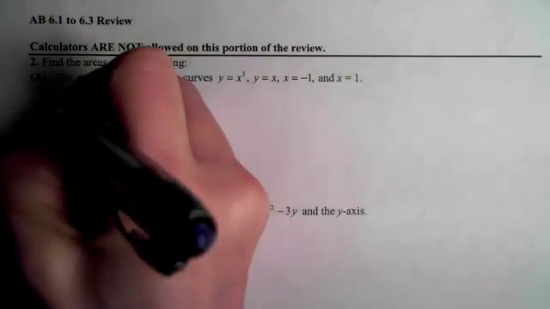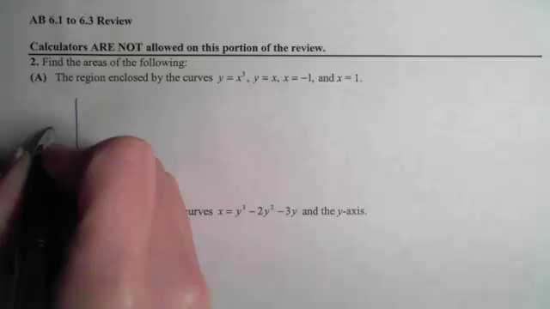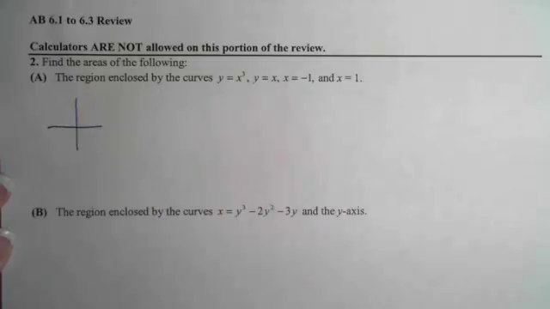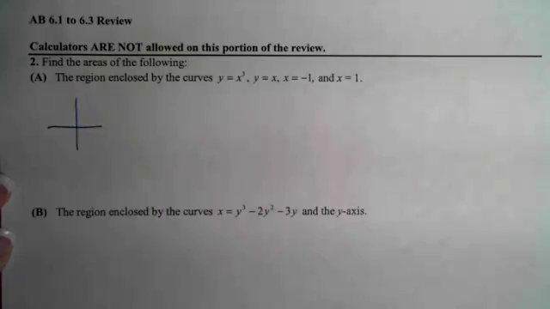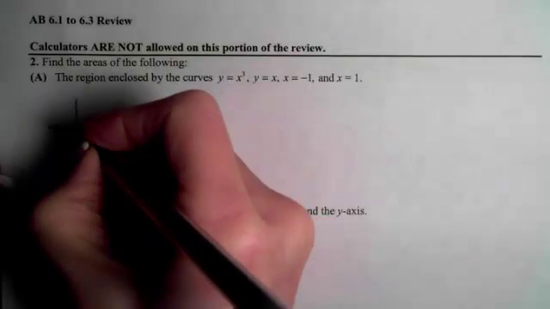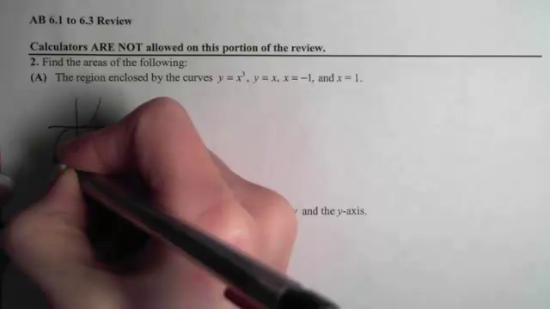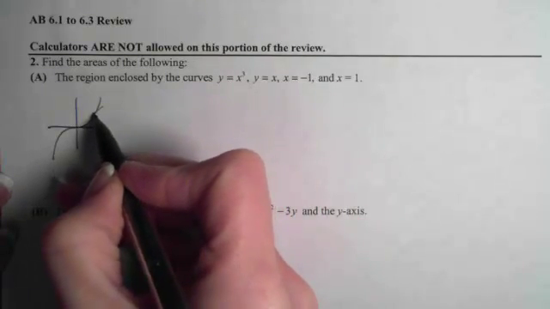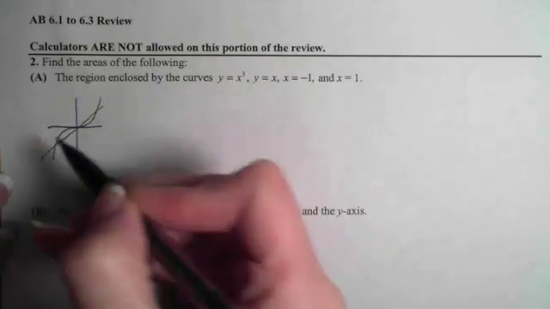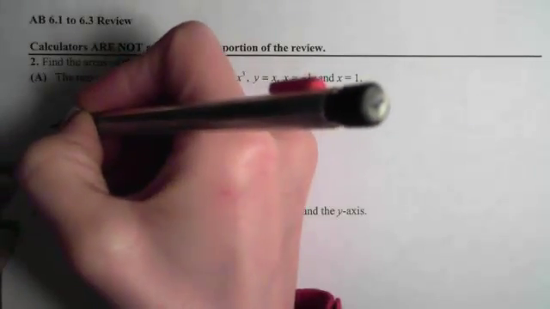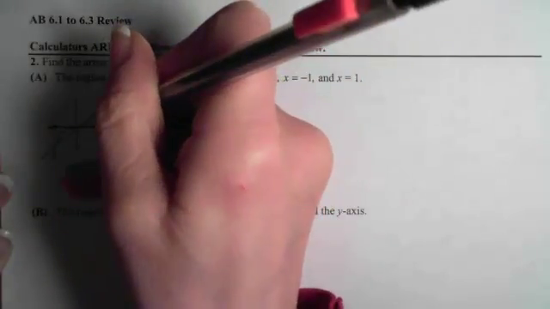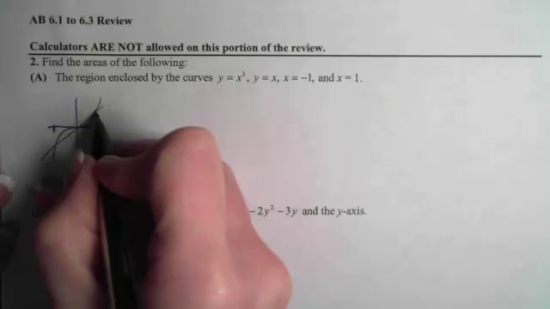So I'm going to do the axes in pen. Then I'll do the curves in pencil. And it looks like x equals -1 and x equals +1.